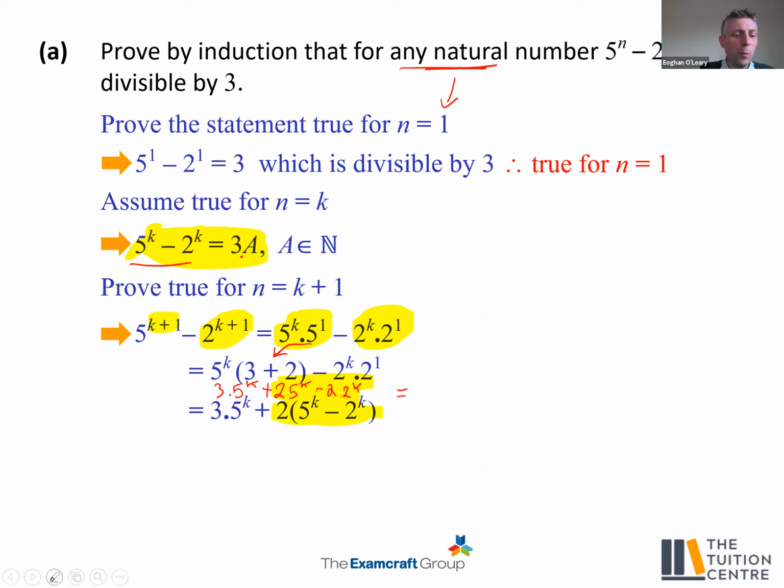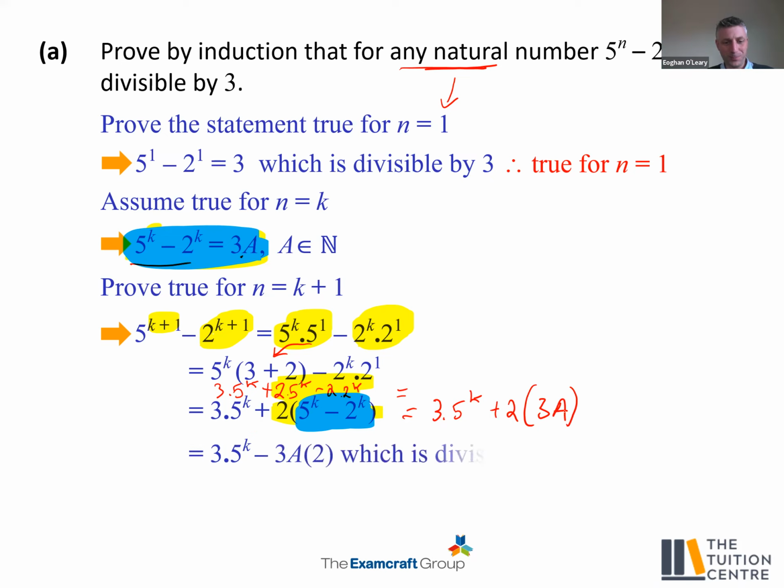But of course, that is what I had back up here. I know 5 to the power of k minus 2 to the power of k is equal to 3a. So now I can say that's equal to 3 times 5 to the power of k plus 2 times 3a.